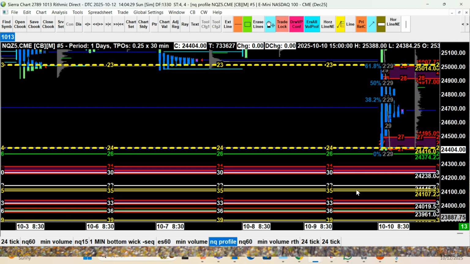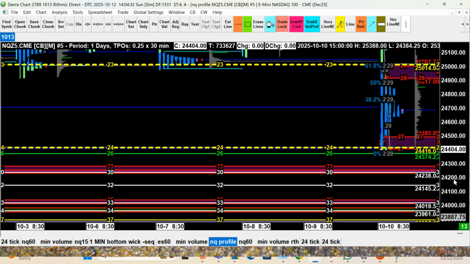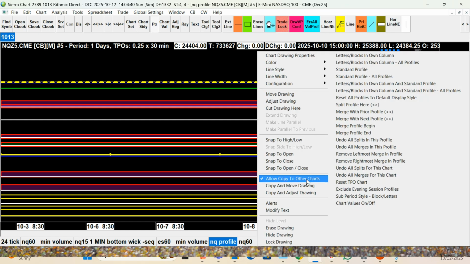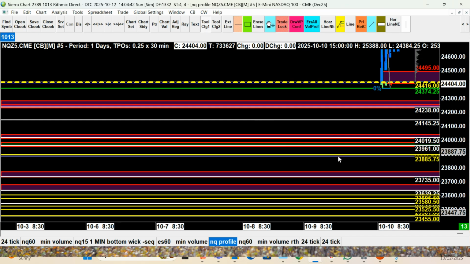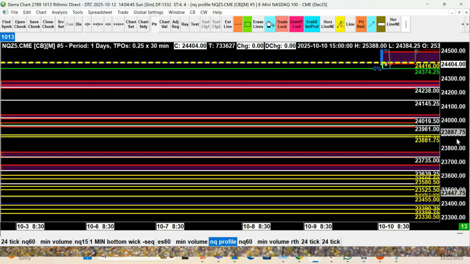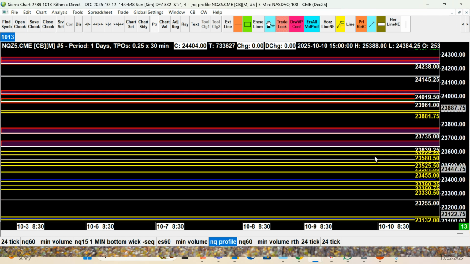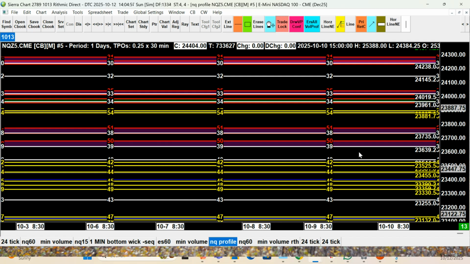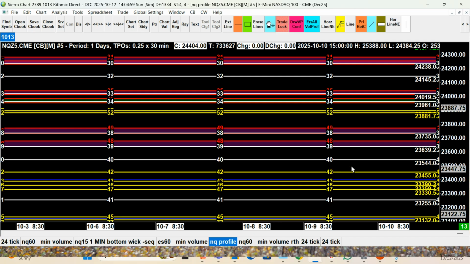It's that I can have less information going, and still be, oh, naked volume point of control. I wanted to keep that. So that's important. Nope, I wanted to keep that.